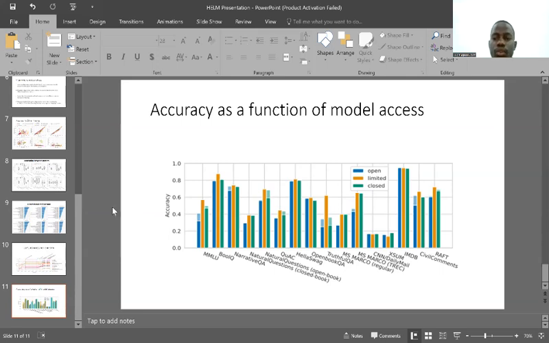So here we can see that this blue solid has a shaded, blurry blue. Shaded blue represents the model which performed best in this scenario.